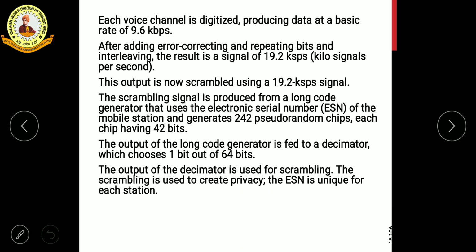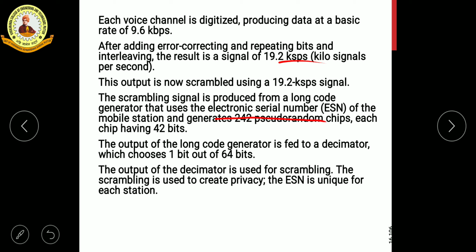Then each voice channel is digitized, producing data at a basic rate of 9.6 kbps. So this is the highest rate at which we can accept data in 2G, that is 9.6 kbps. After adding error correcting and repeating bits and interleaving, the result is a signal of 19.2 kilosignals per second, right? So we have something called the electronic serial number here.